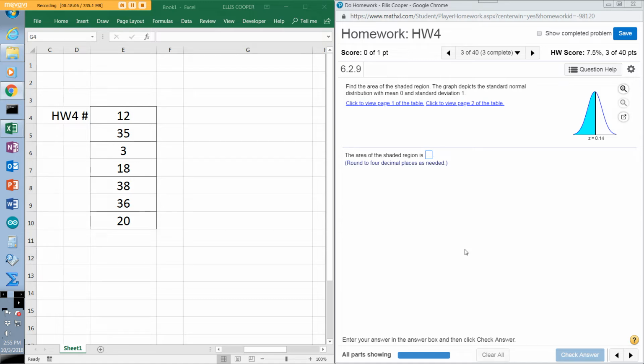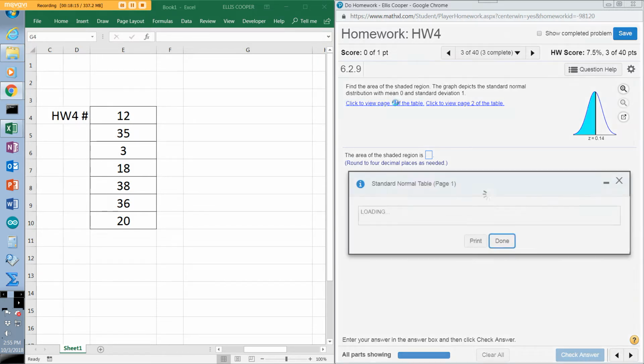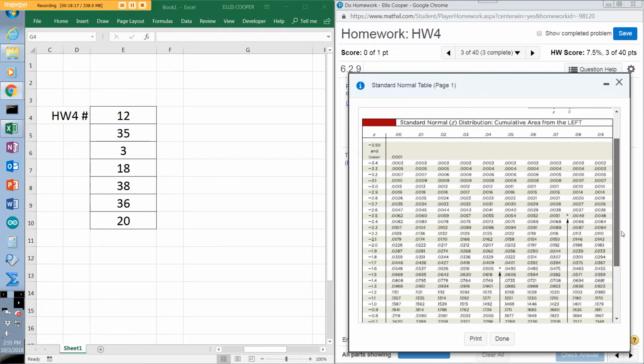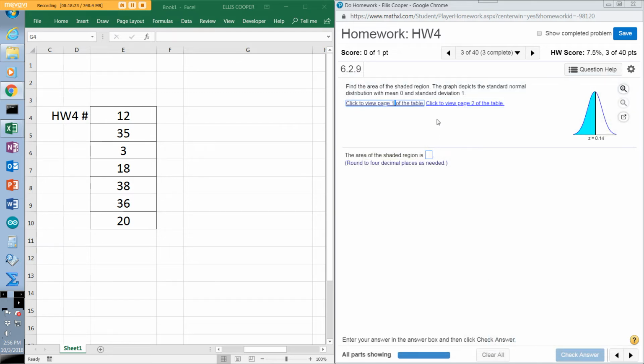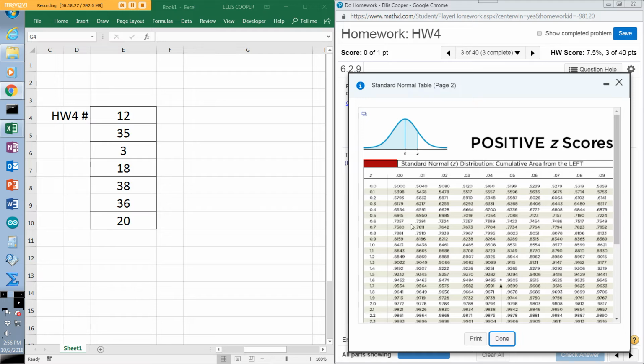Now, we could use the tables, but it gets a little complicated, because what they do with these tables is they show you negative scores up to 0 in one table, and then they go to the other table for positive scores. Now, we have a positive score here.